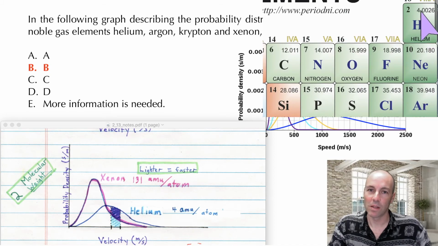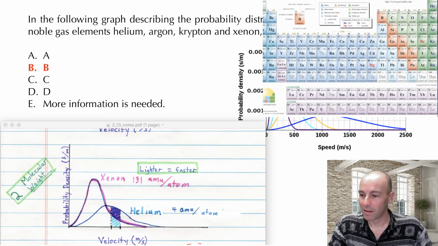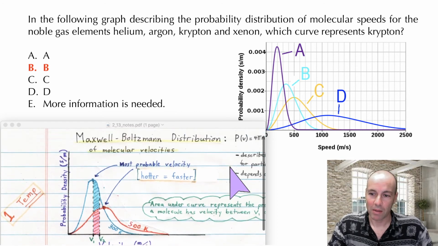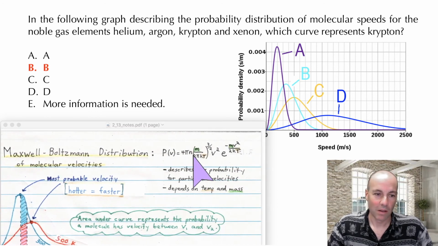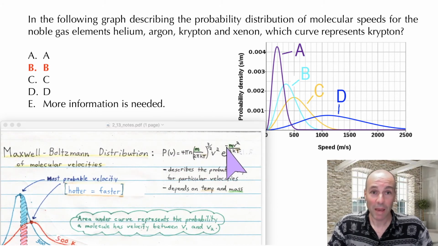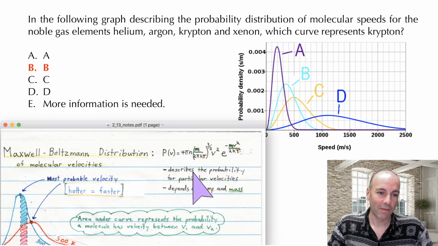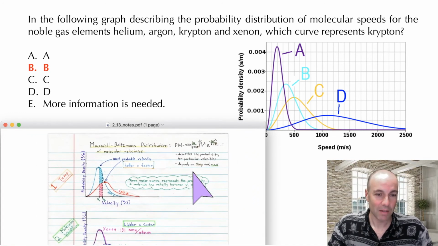It's only 4 atomic mass units per atom. And that's where you find out how heavy the gas particles are. And remembering that the probability distribution, the probability depends on the mass. And if you plug in larger masses, then the probability that they have that particular velocity is affected.